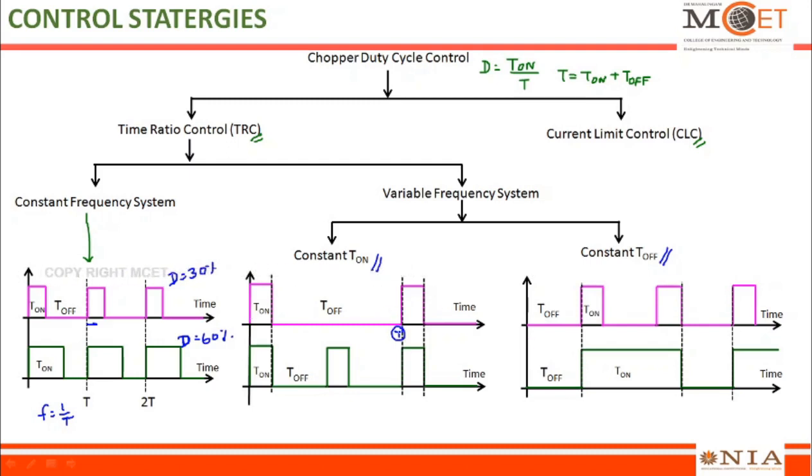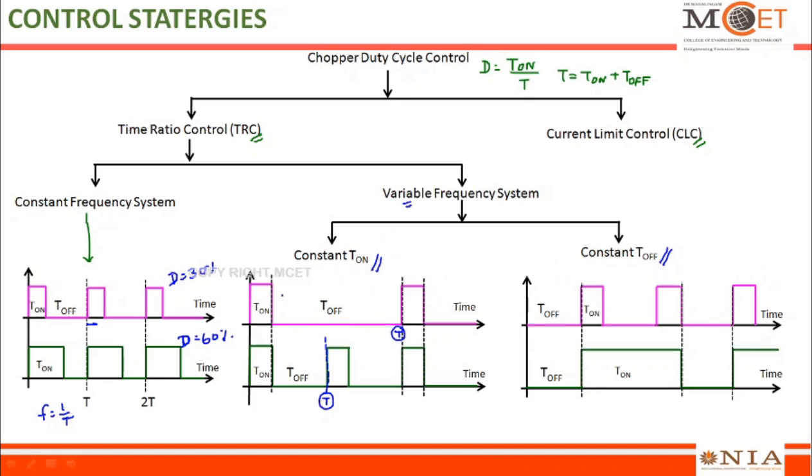So the time period of the first waveform is this. Whereas the time period of the second waveform is where this part repeats. So here the time period is different. If the time period is different, the frequency will also be different. That is why this is called a variable frequency system.